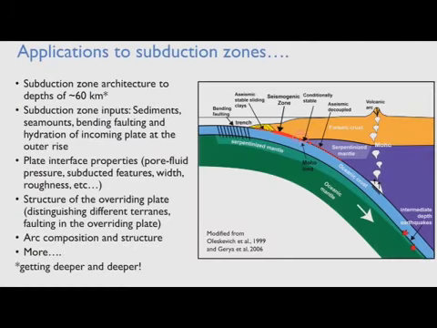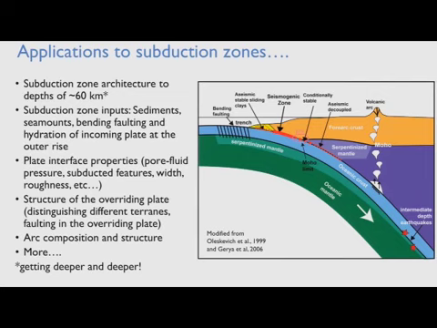Okay, so before I talk in a little more detail about these two different kinds of seismology, I just want to give you the list of why it's useful to even know anything about these kinds of methods. Basically, they can do a bunch of stuff for us. We can learn a lot about subduction zones using these data. We can have constraints on the overall architecture of the subduction zone, both along the megathrust and beneath the arc to depths of 50 or 60 kilometers.